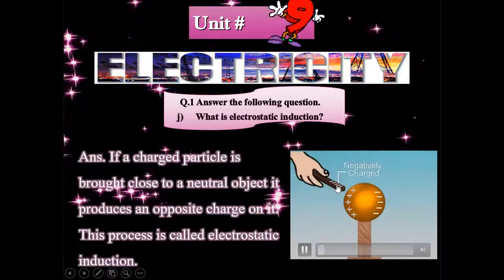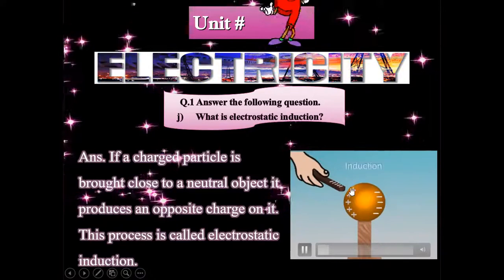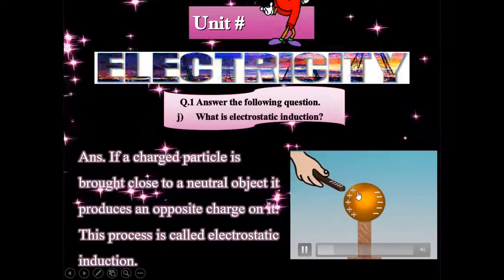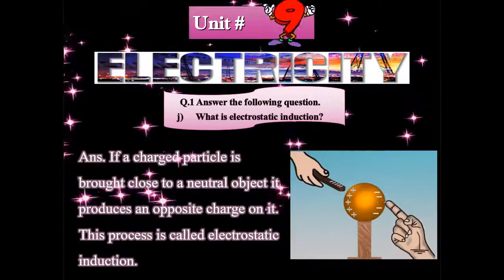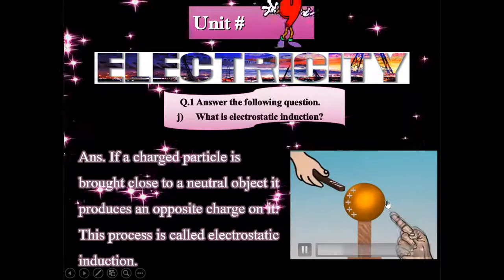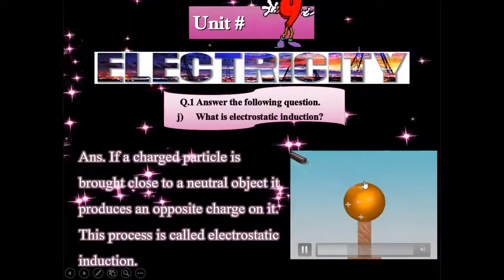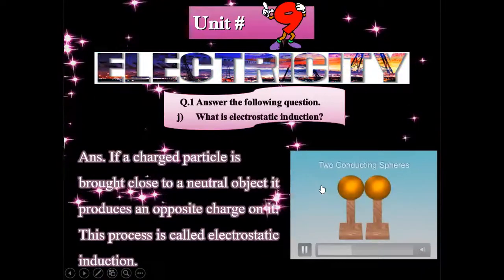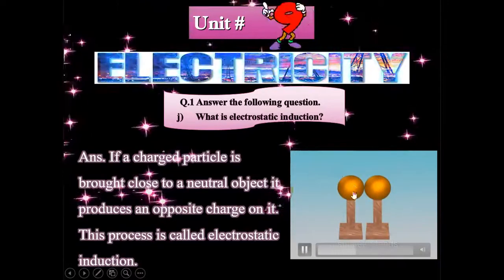When a charged body is brought close to this neutral object, the charge moves towards the neutral object, and if we touch it with our hand, the negative charge will go towards the hand. Then, when we remove the charged object, you can see that the positive charge spreads all over the body.